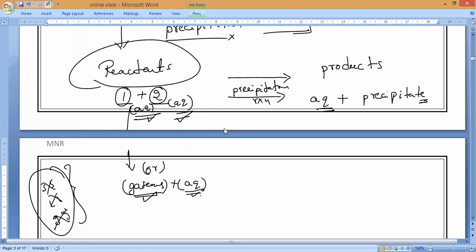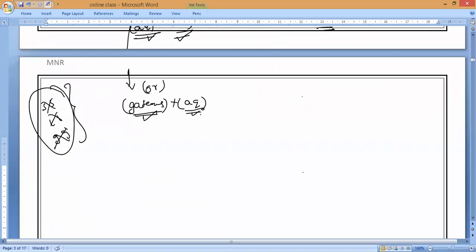See, this concept, characterization of chemical reactions, hardly 10 minutes people will take to finish. But questions will come from this only. So that is the reason it is important. Every point is important. That is the reason we are studying the change in color and all.